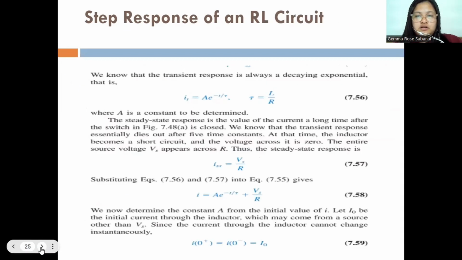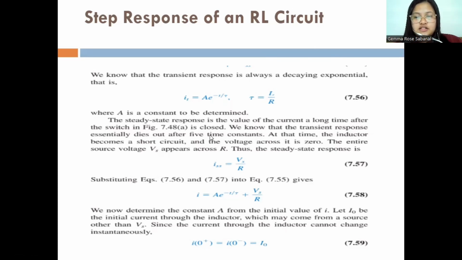For the step response of an RL circuit, we know that the transient response is always a decaying exponential, that is, i_t equals A e to the minus t over tau, which is equation 7.56, where A is a constant to be determined. The steady state response is the value of the current a long time after the switch in figure 7.48(a) is closed.